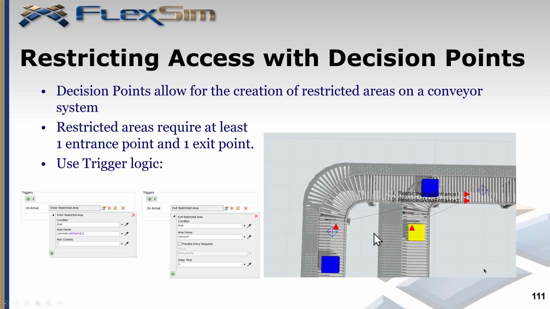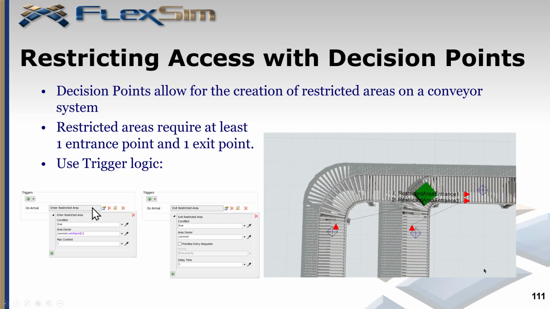So we can use decision points on these feeding conveyors that use a pick list option called acquire restricted area on their on-arrival trigger, as shown in this screenshot on the left here. An on-arrival trigger, and the pick option called enter restricted area has been chosen.